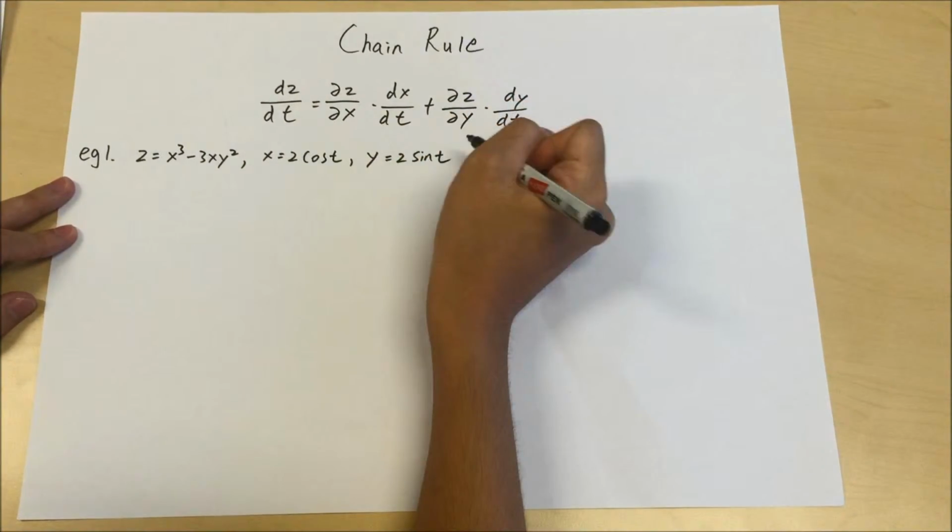In this example, z is equal to x cubed minus 3xy squared, where it is given that x is equal to 2 cosine t and y is equal to 2 sine t.